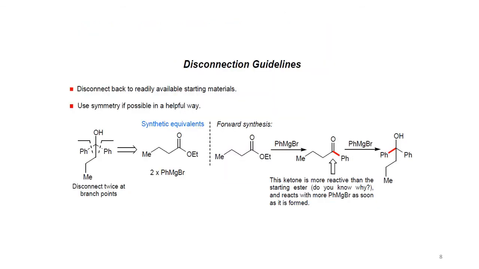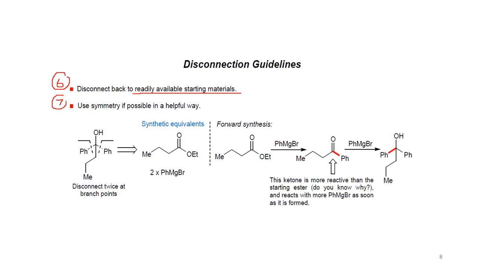Disconnection guideline number 6 is you can disconnect back to readily available starting materials. And number 7, use symmetry if possible in a helpful way. Let's take a look at this example where you can use principle number 7, where you disconnect twice at the branch points. This compound is symmetrical, meaning both sides are the same.